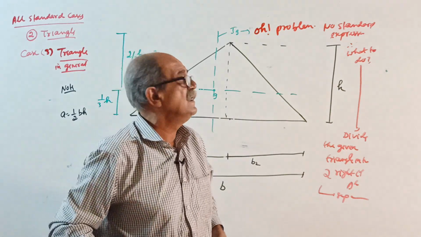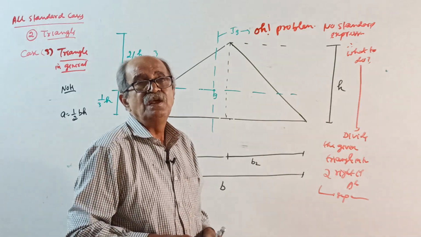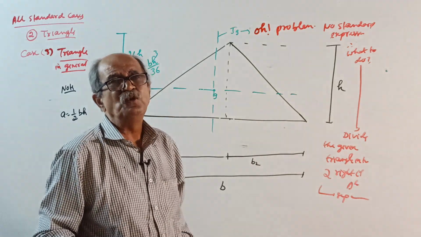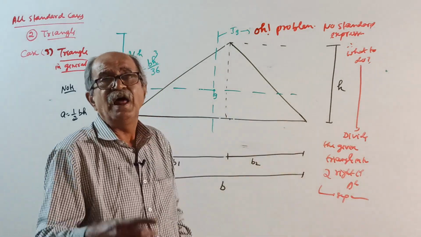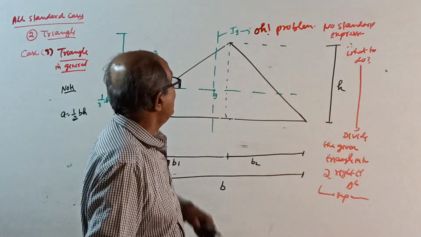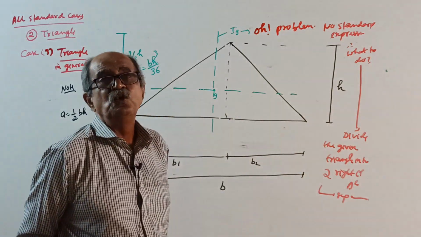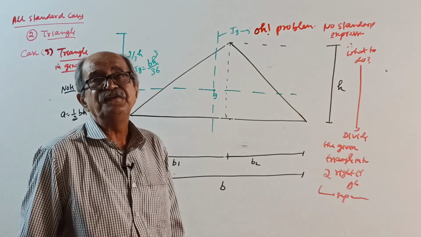Dividing is not required. But when you want I about this other axis, there is a problem. Suppose in a question you already solved, there is a rectangle, a semicircle, and this triangle. For one of the axes you don't divide into parts, but for the other axis you divide into parts.